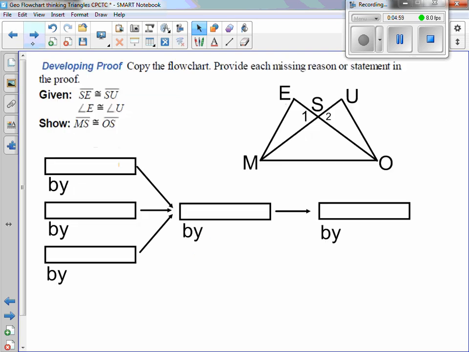Okay. So let's see here. So they gave us that SE and SU are congruent, yes? They also told us that angle E and angle U are congruent, yes? So what do we have so far if we were doing angles inside? We'll have an angle, a side, and then, well, angle or side.